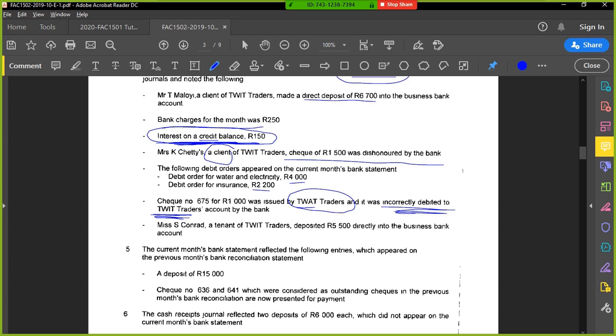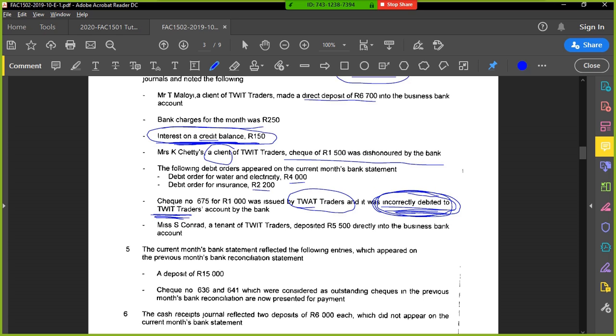Twat's. Is this our check? No, it's not our check. They say incorrectly debited, by the bank. So the bank made the mistake. This is a debit going off your account and you have no clue what it's for.